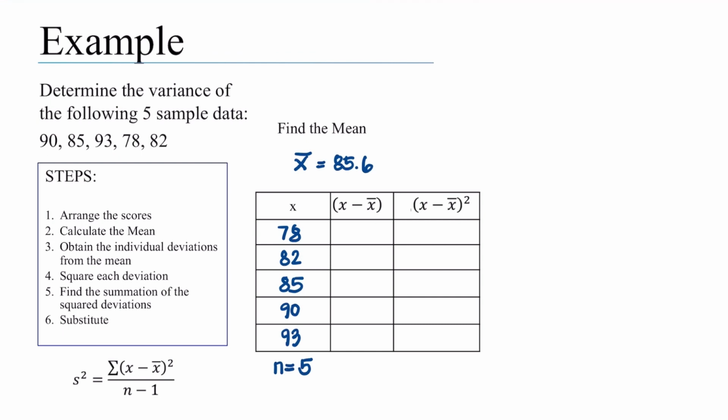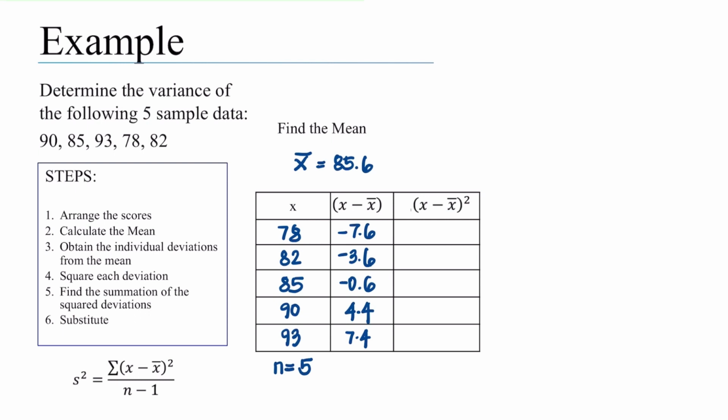In that case, 78 minus the mean is equal to negative 7.6. 82 minus the mean is equal to negative 3.6. 85 minus the mean is negative 0.6. 90 minus the mean is equal to 4.4. 93 minus the mean is equal to 7.4.